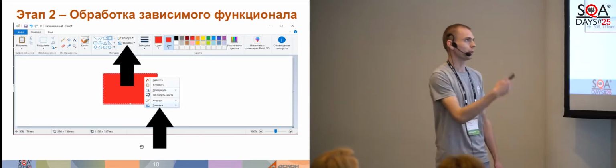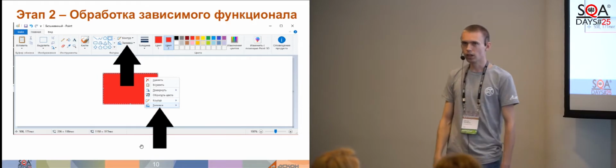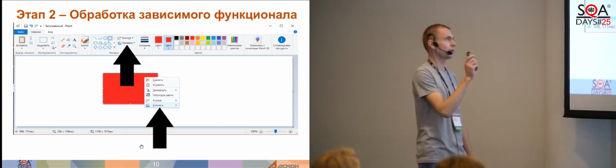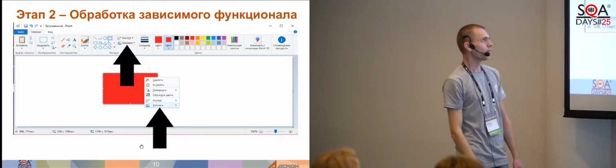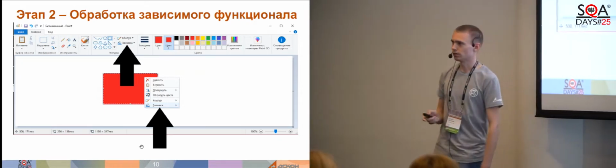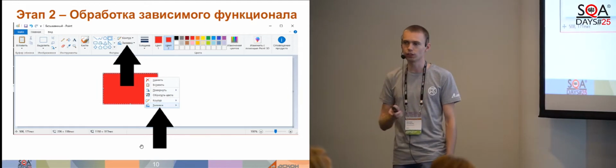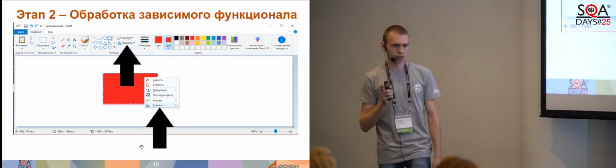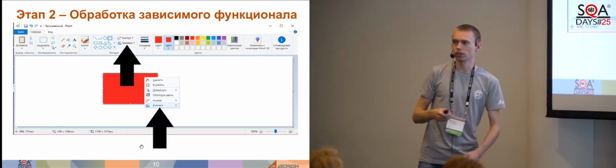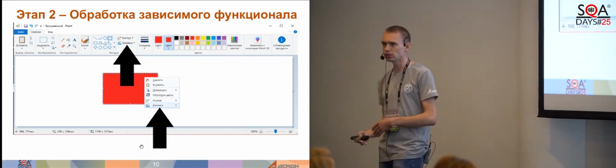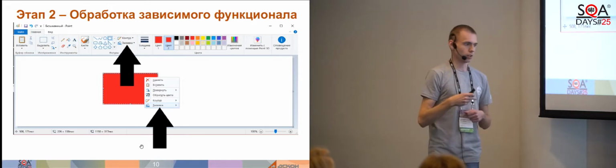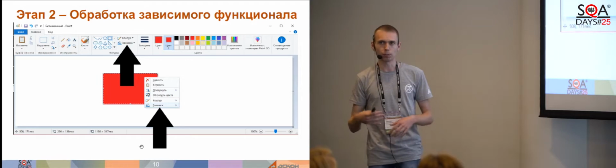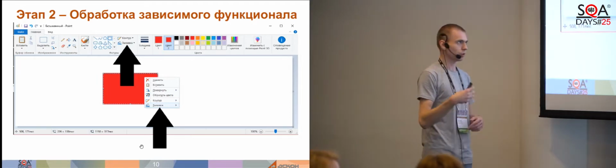Now let's check the functions connected with the triangle. For example, the filling function. We can do it through the context menu. But we have to understand that the model should include hidden functionality, because some functions can come up only after some actions or are connected with some events.